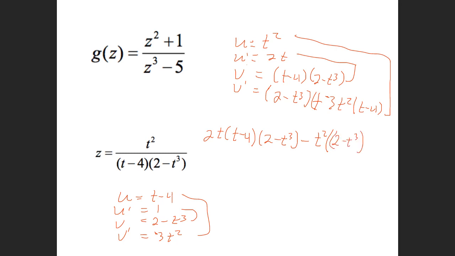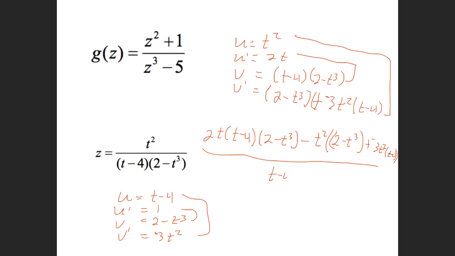I'm going to have to put a couple parentheses in there, aren't I? Minus, oh, that's a plus. Yeah, but then a negative 3t squared times t minus 4. That's going to be a minus, a parenthesis, all over bottom squared.